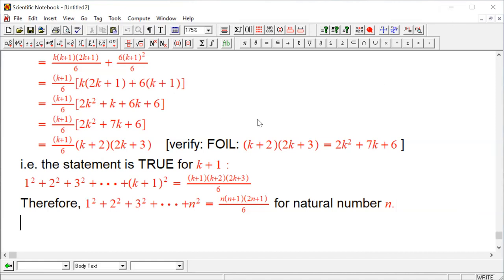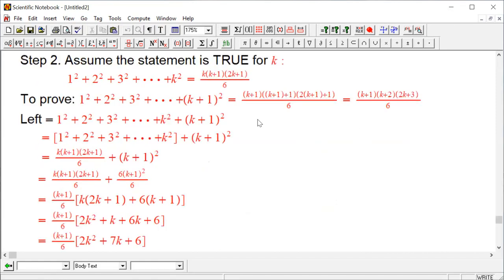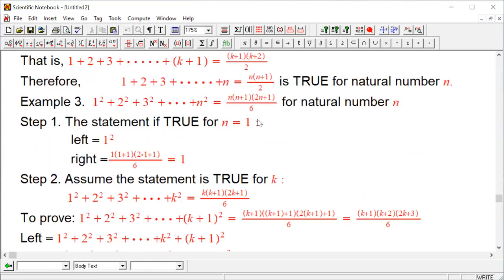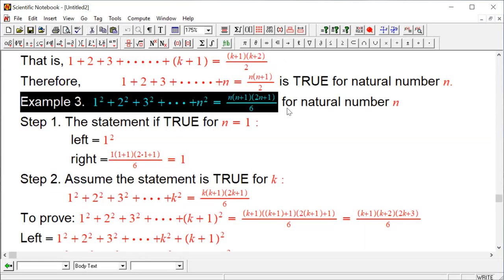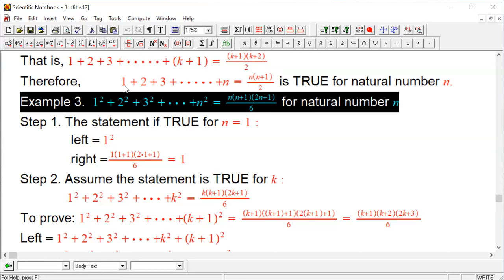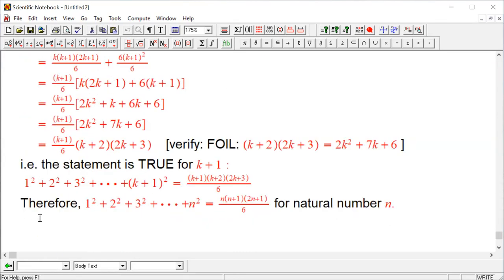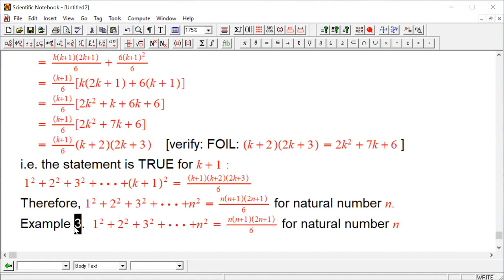So next, we're going to prove one more, another one that we're going to use in calculus 1.